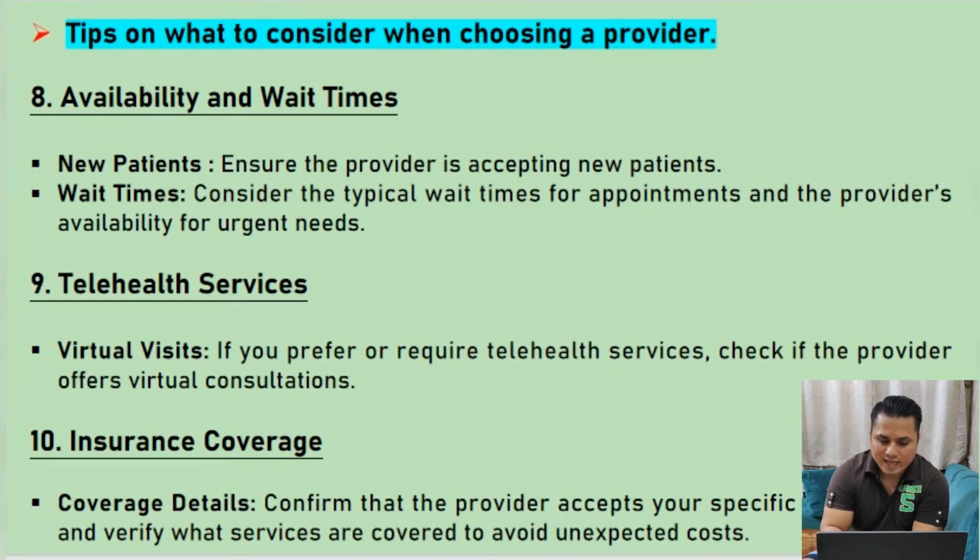Number nine, telehealth services. Virtual visits: if you prefer or require telehealth services, check if the provider offers virtual consultation. Number ten, insurance coverage. Coverage details: confirm that the provider accepts your specific Humana plan and verify what services are covered to avoid unexpected costs.